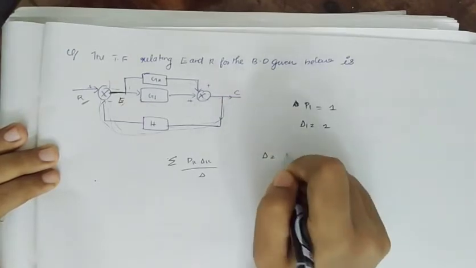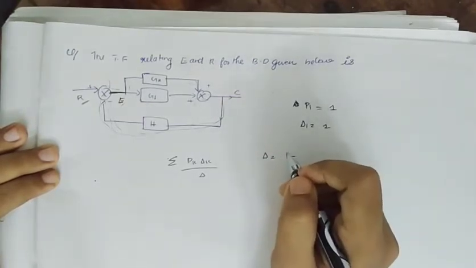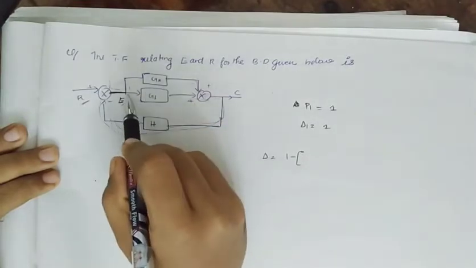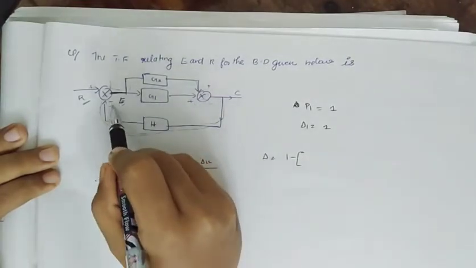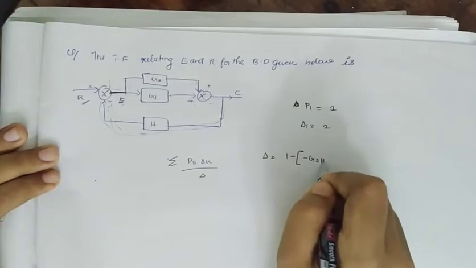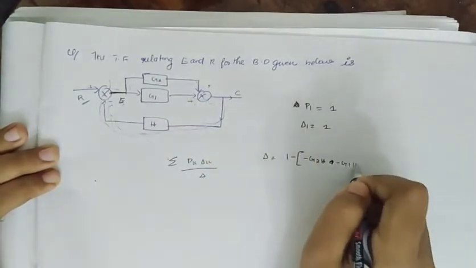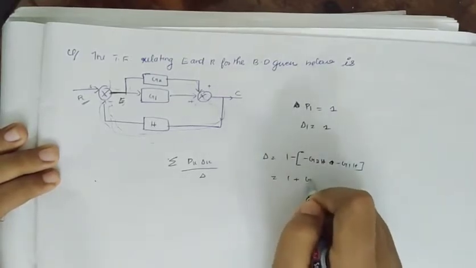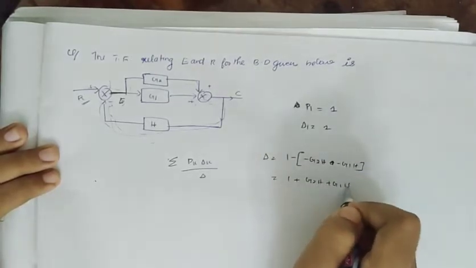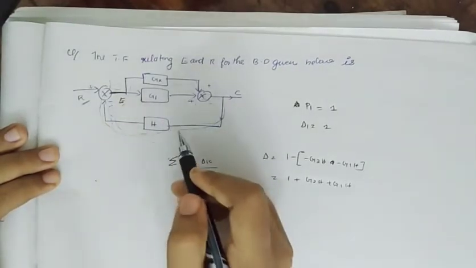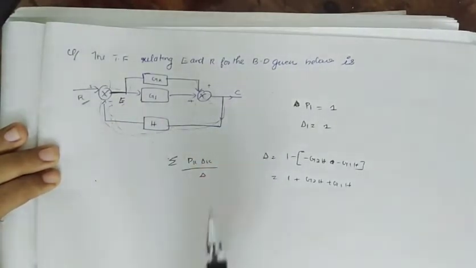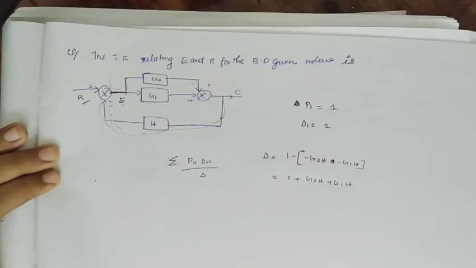What is delta? Delta is equal to 1 minus the sum of individual loop gains. What is the individual loop gain? The first loop is G2H, negative is there, that is minus G2H. And the second loop is G1 into minus H, that is minus G1H. So 1 plus G2H plus G1H, and we have to see if these two loops are non-touching, because according to Mason's gain formula, we have written 1 minus the sum of individual loop gains plus the sum of gain products of two non-touching loops.